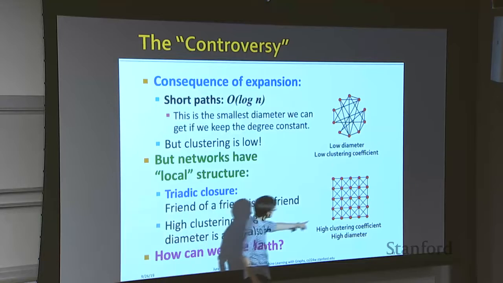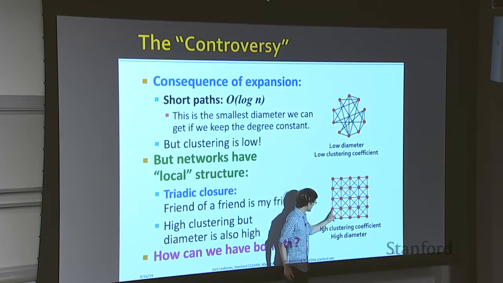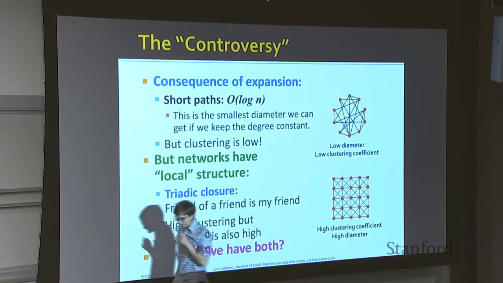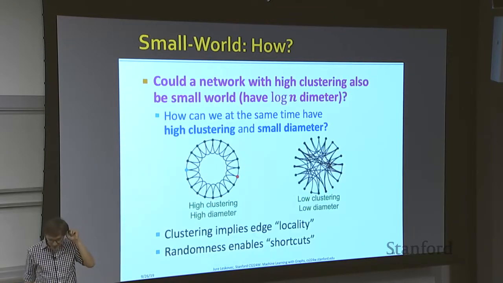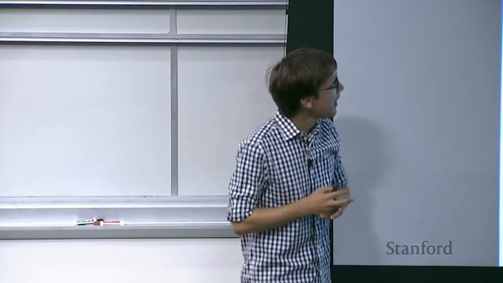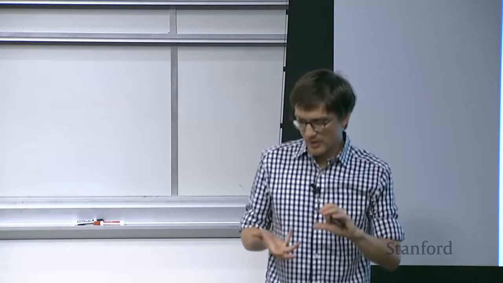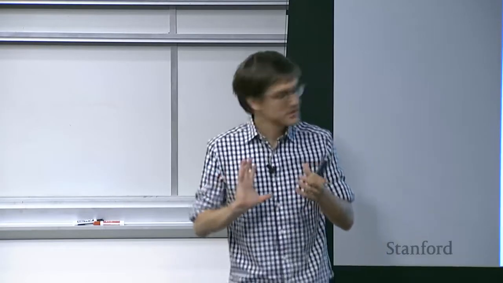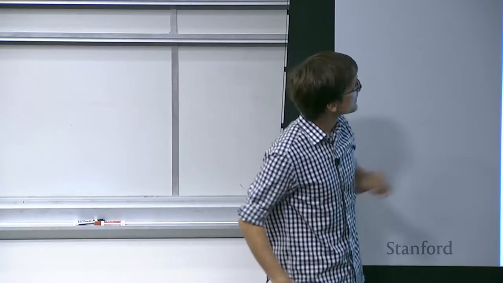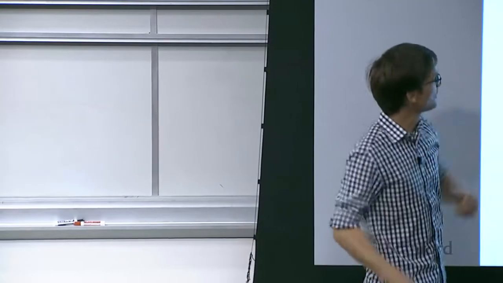Can I have a lot of this type of triadic structures, these triangles of connected nodes, but still have small diameter? And this model was invented, I think, exactly 20 years ago, in 1999, where people were asking, how could a network with high clustering also be small world, meaning have small diameter? And the question was, can I have the two at the same time, right?